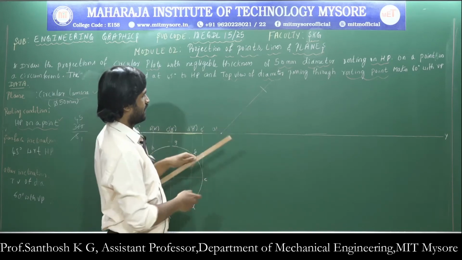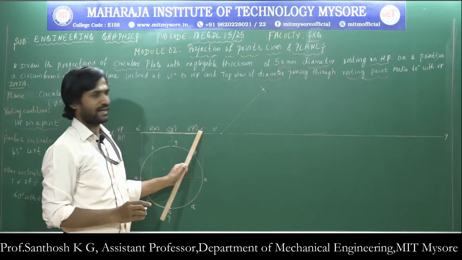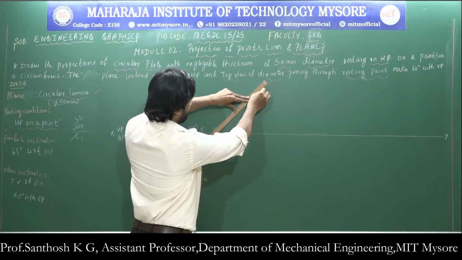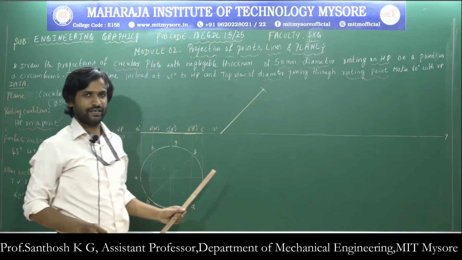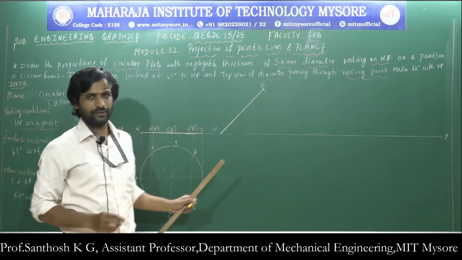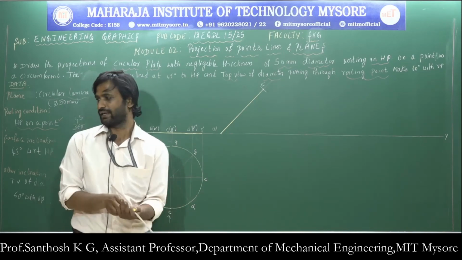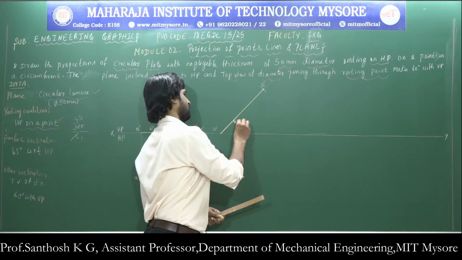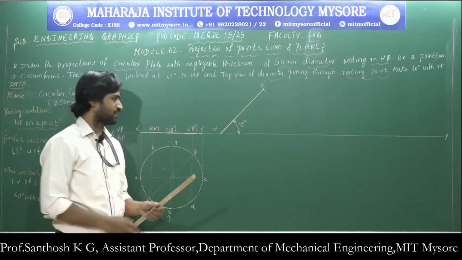This length will be the length A dash E dash in the second position. If I join these two points, I will get the front view of the circular lamina in the second position, inclined at an angle of 45 degrees with respect to the horizontal.